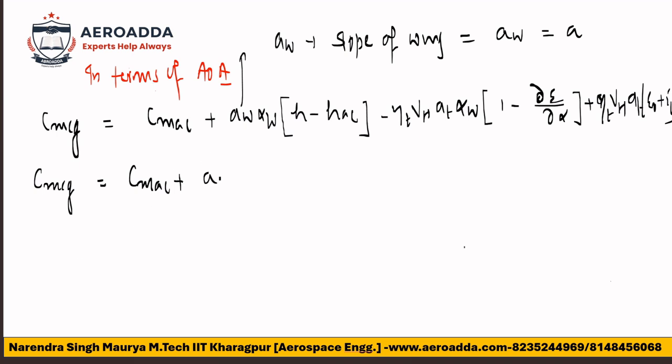And alpha W, the angle of attack of the wing, you can write as only alpha, that is also sufficient. A into alpha W, or your choice of what you want to write. But generally, if it is alpha T, the tail angle of attack, they will write alpha T. If it is angle of attack alone, they are talking about the wing.